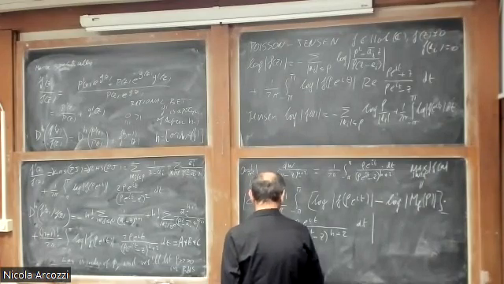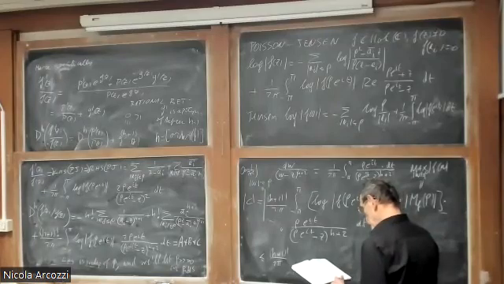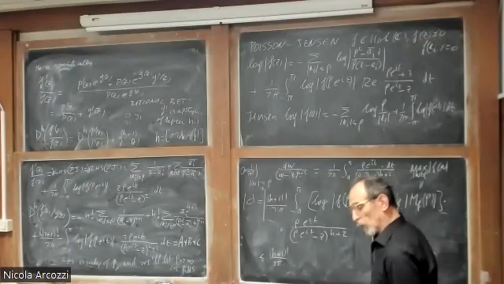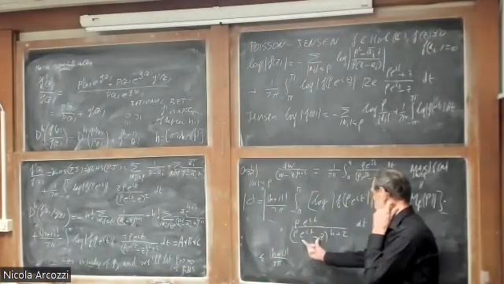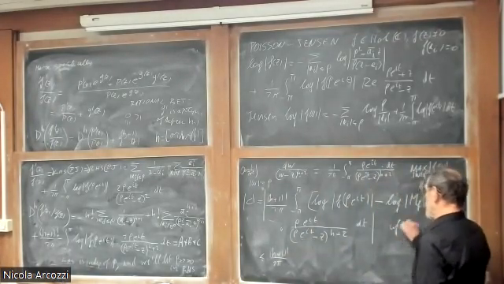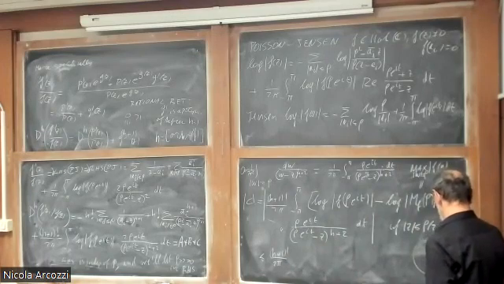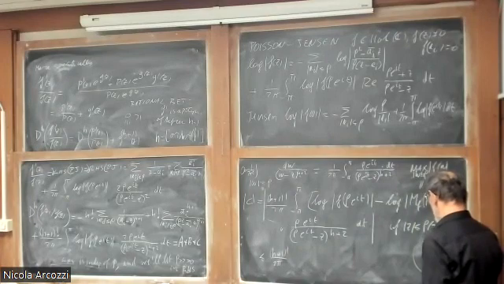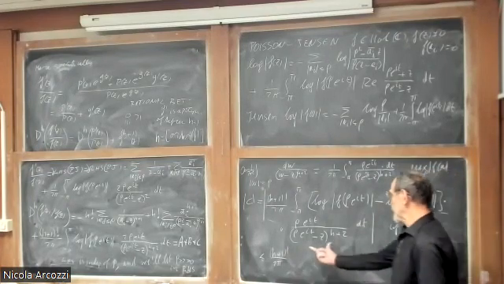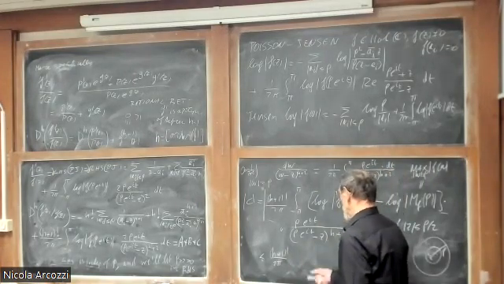We don't care about it, but let me do the calculation. Now the problem is estimating this denominator, but in this case we let the modulus of z be less or equal than rho over 2, so that this is at least the modulus rho over 2.